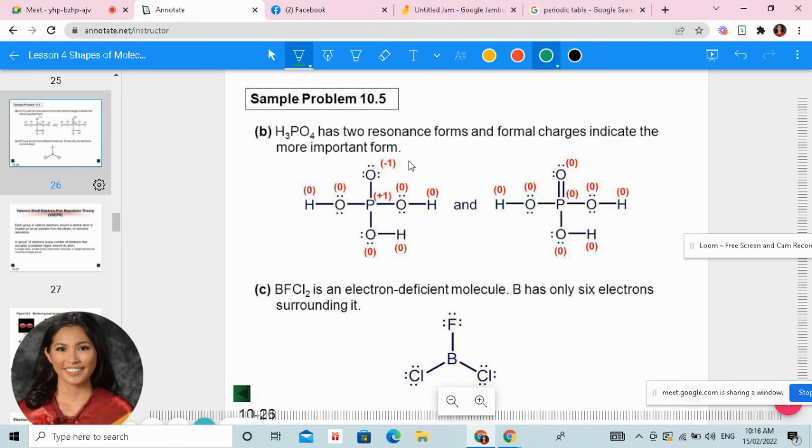Okay, so this is the structure of your H3PO4. Now, which is more important?